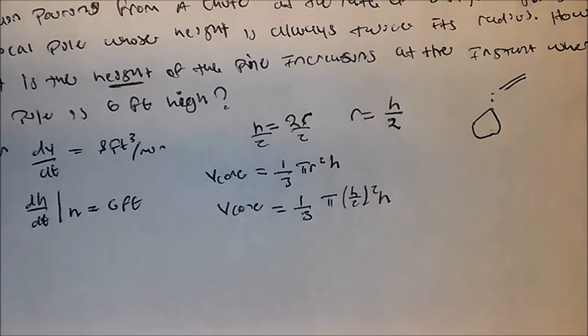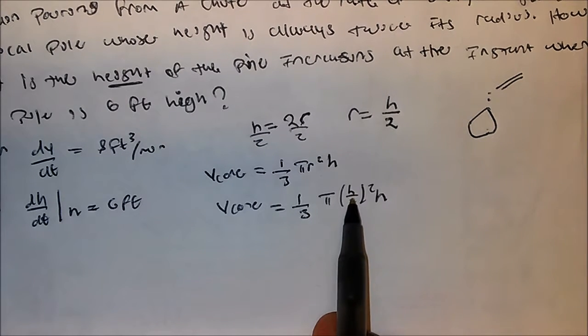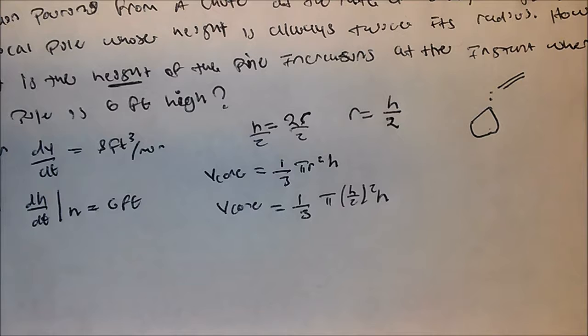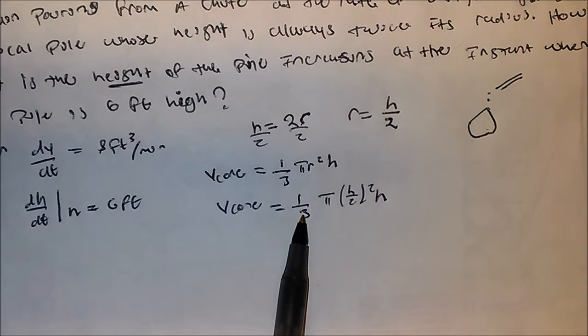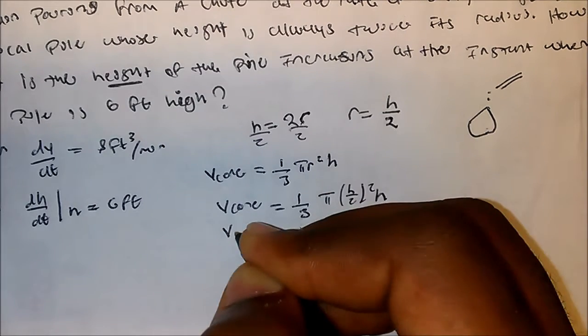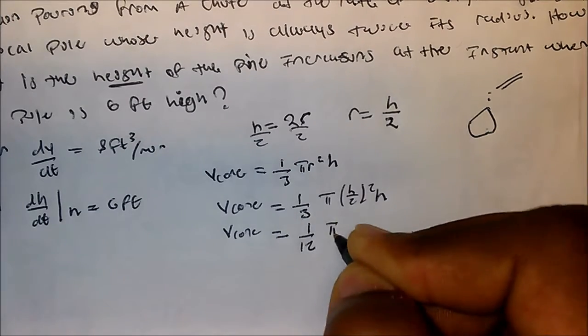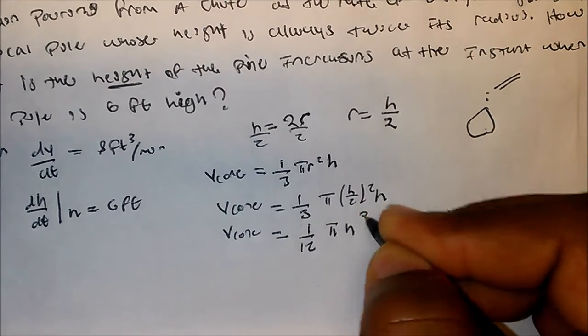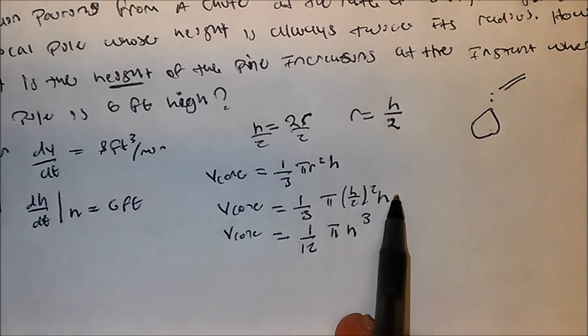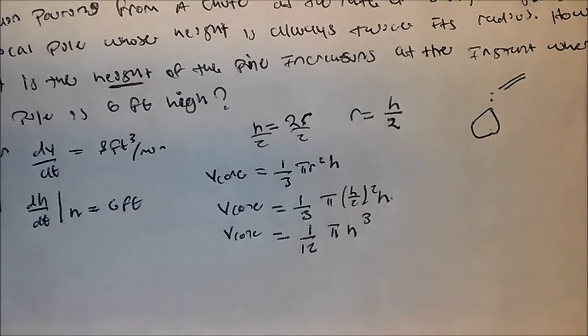Look what this does. 1/2 squared is just 1/4, and 1/4 times 1/3 is 1/12. So the volume of the cone is just 1/12 pi h cubed, because we're squaring this h and we have an h here, so we get h cubed.